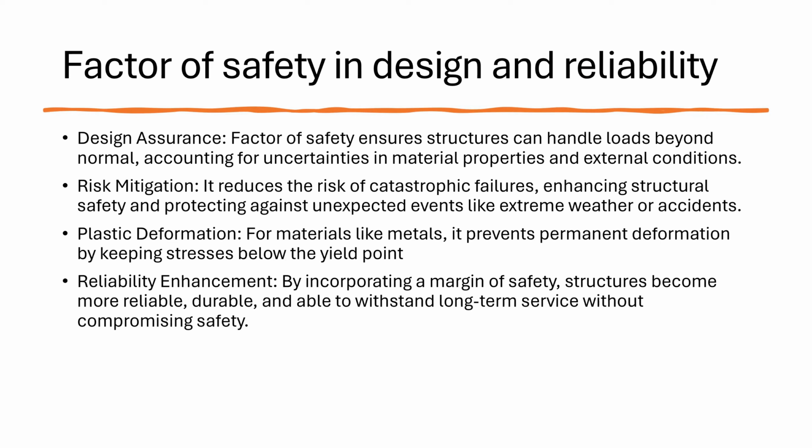Plastic deformation. For materials like metal, it prevents permanent deformation by keeping stresses below the yield point. Reliability enhancements. By incorporating a margin of safety, structures become more reliable, durable, and able to withstand long-term service without compromising safety.